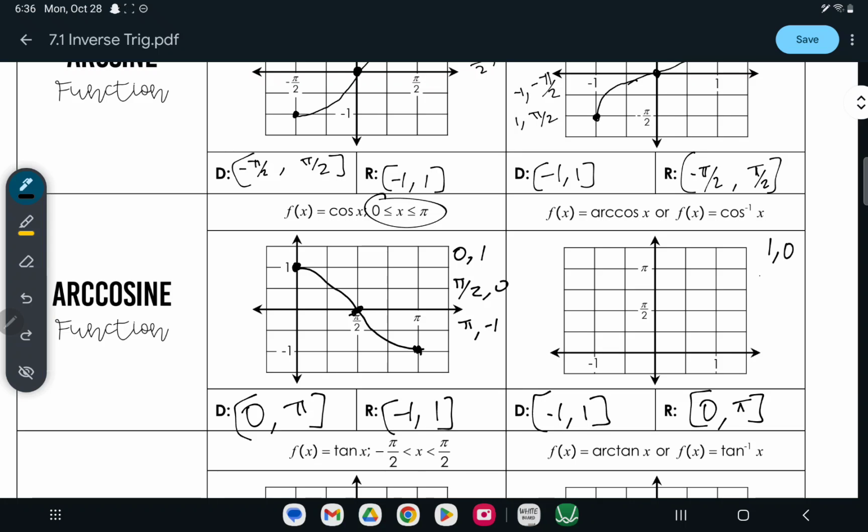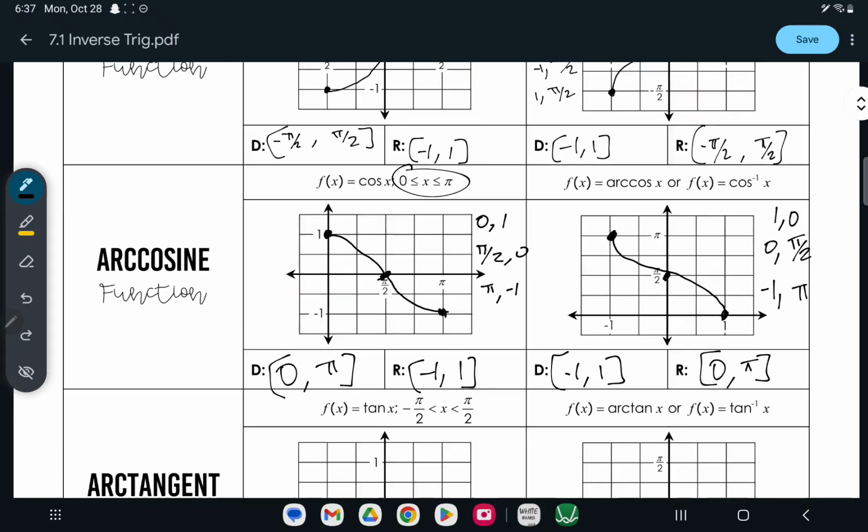So 1, 0, 0, pi over 2, and negative 1, pi. Kind of connect them like that.